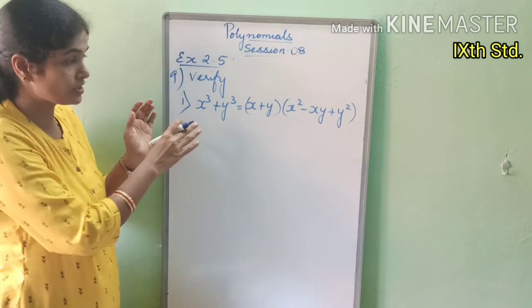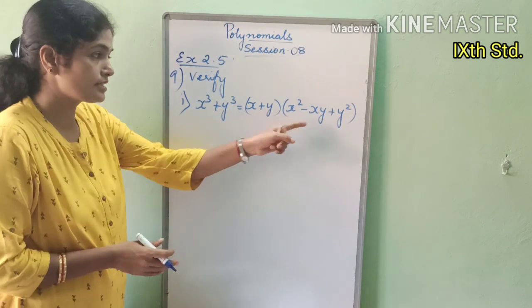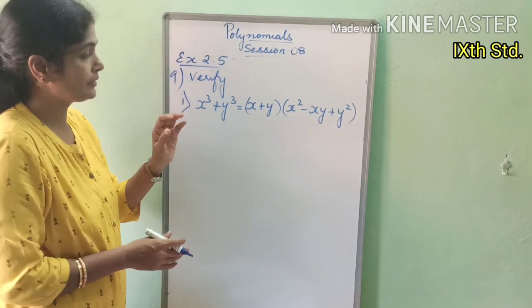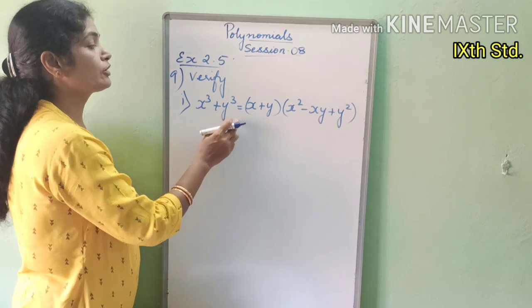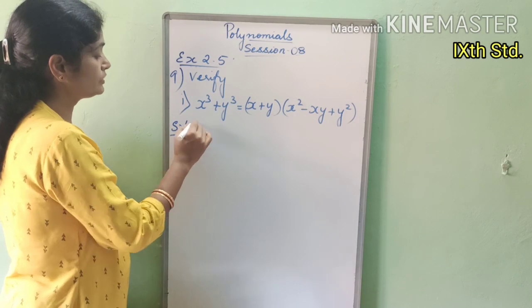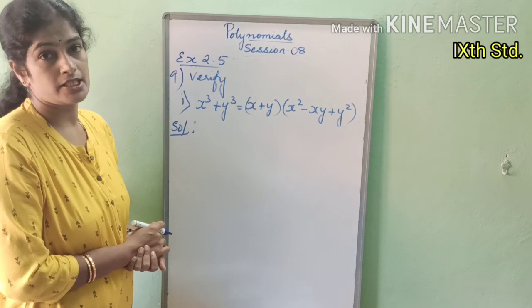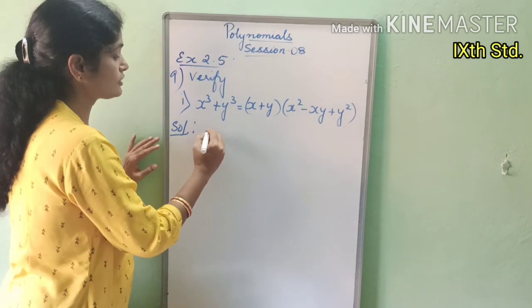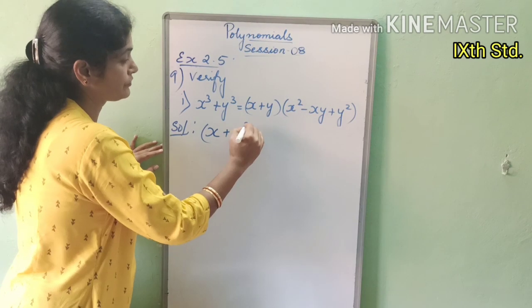Usually they have not mentioned it in the identity parts, but when we were told to memorize certain identities, this is also one of the identities. So we have to verify that x cube plus y cube is equal to this much. We know the (x plus y) whole cube and (x minus y) whole cube identity expansions also.